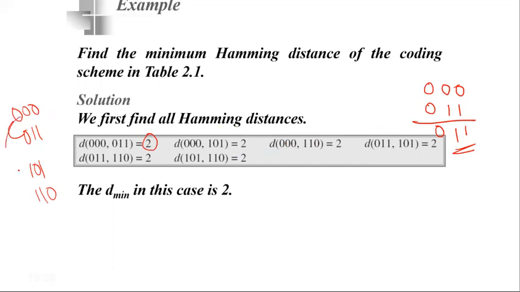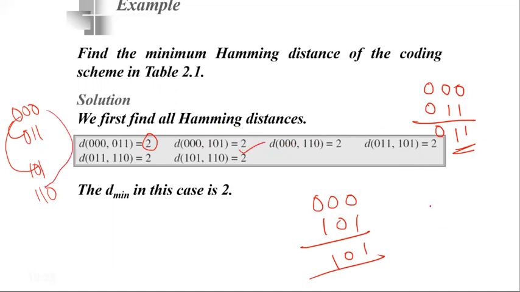Next, we take these two: 0, 0, 0 and 1, 0, 1. Again we will have 1, 0, 1, and it has two ones, so the distance is 2. Then again these two: 0, 0, 0 and 1, 1, 0. Here we get 1, 1, 0, and the distance is 2.